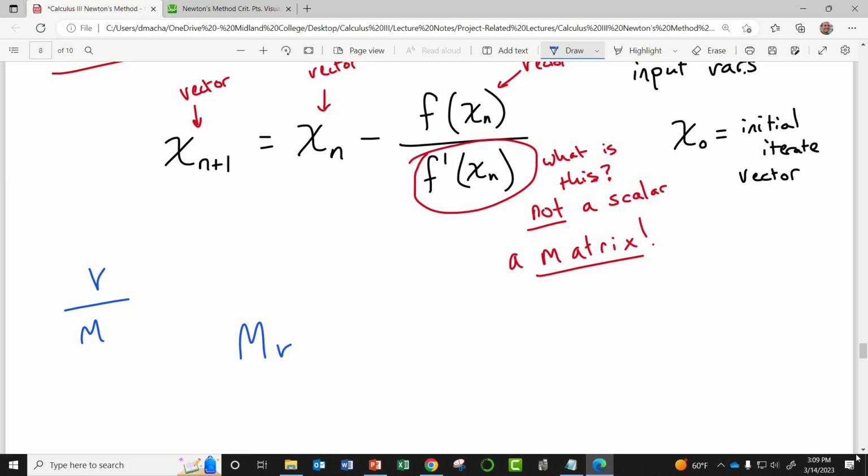But what we're going to do instead of dividing this vector by a matrix is multiply the vector by the inverse matrix. Right? So what we normally mean by division is that if I have 5x and then I divide by 5, this is just x, right? Multiplying by 5 and dividing by 5 are opposite operations. They just cancel each other out, okay?